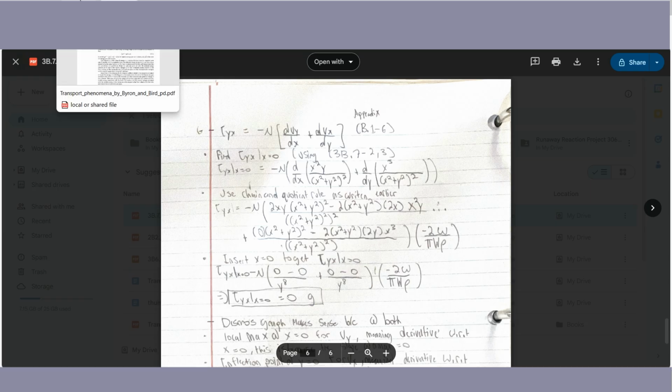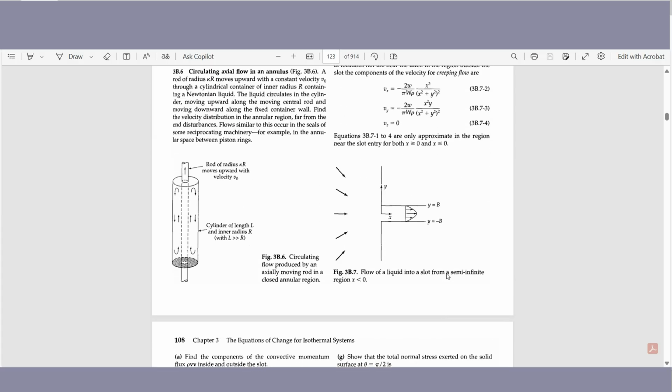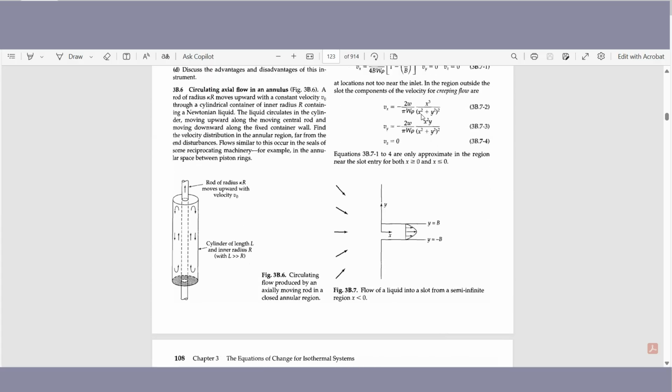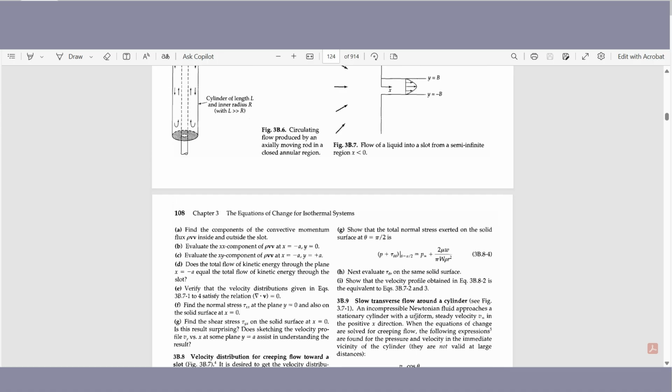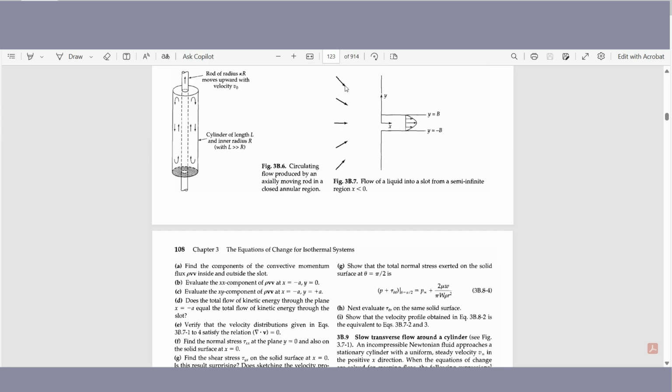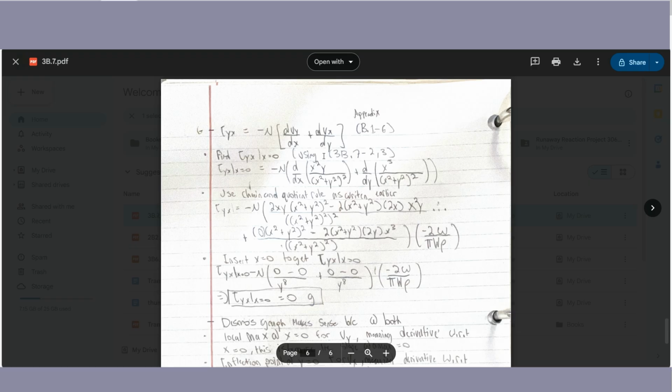So these equations right here, because at x equals 0, this is like at the entrance. That's why we're using those equations.